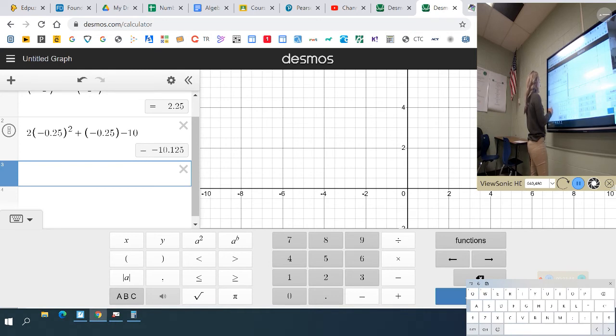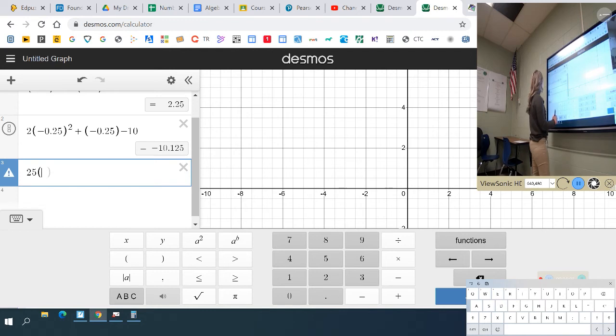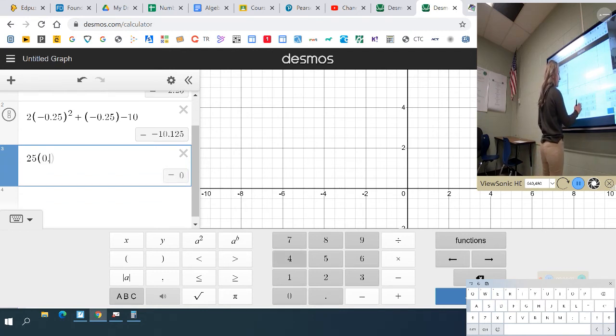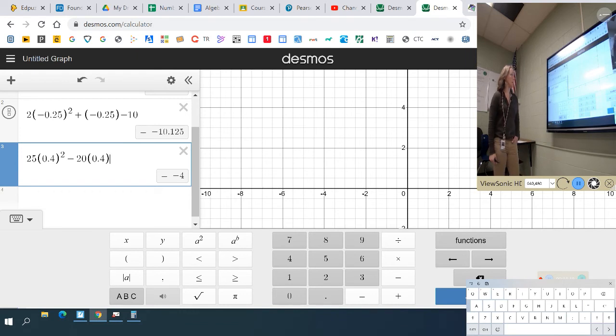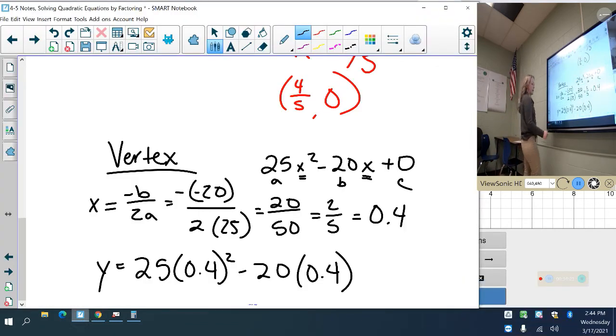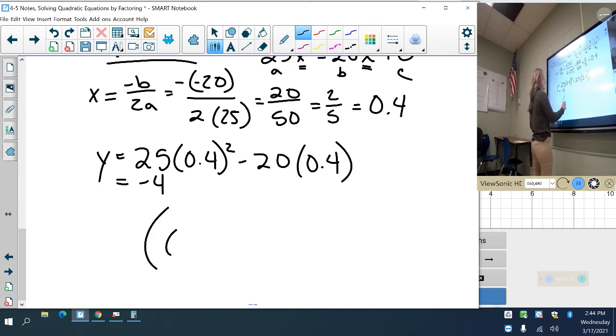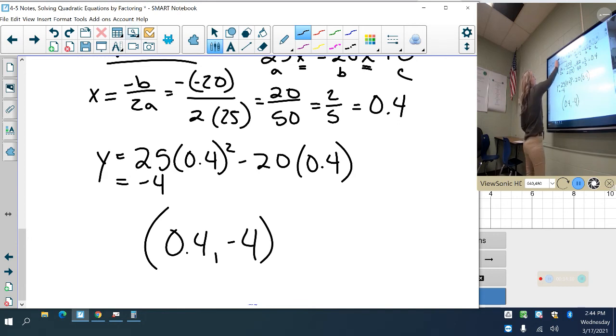So I have 25 times 0.4 squared minus 20 times 0.4. And that's it. So I get negative 4. Equals negative 4. And there's my vertex. 0.4, comma, negative 4.